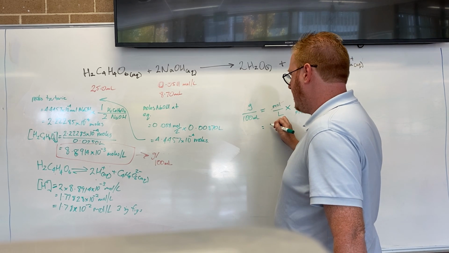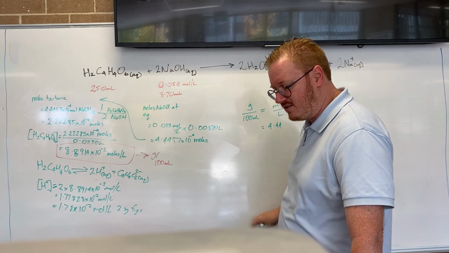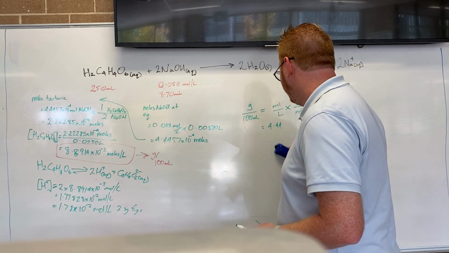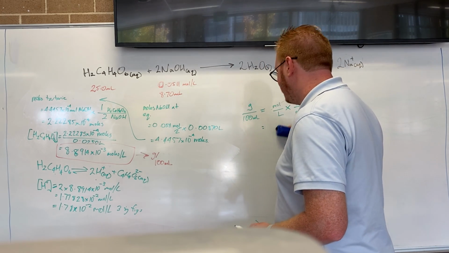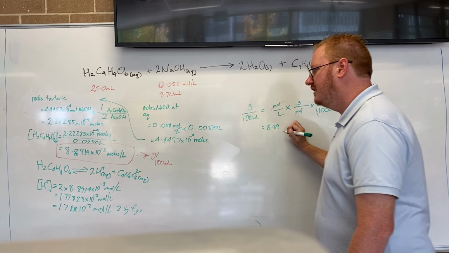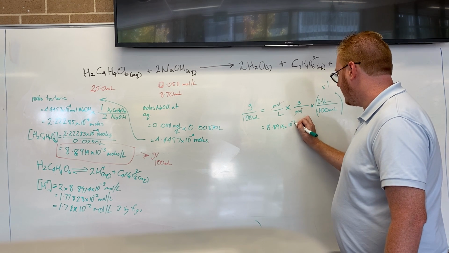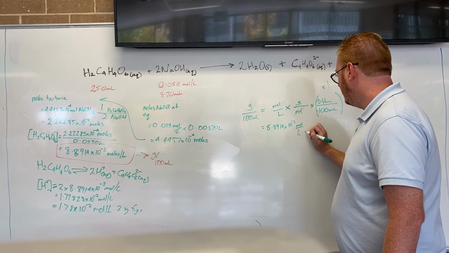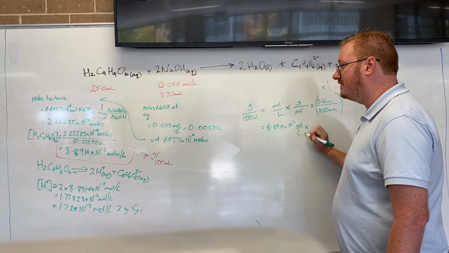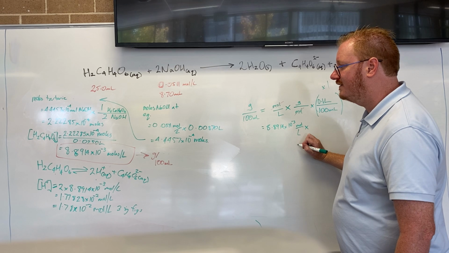So we have 4.44, oh hang on, that's the wrong number. It's this one that I covered in a red box. 8.8914 times 10 to the negative 3 moles per litre, multiplied by the molar mass of tartaric acid. Oh, I didn't calculate that out, did I? That's okay.